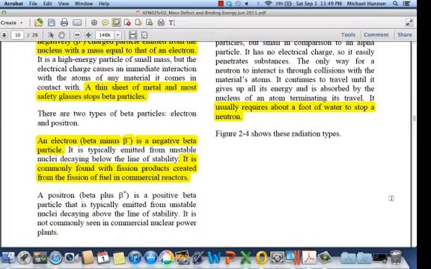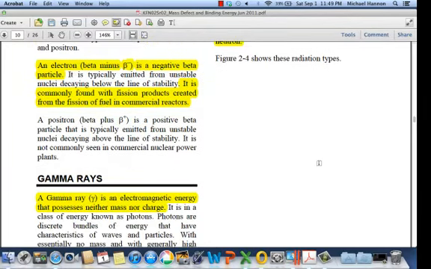If you were in contact or close contact with any fission process creating neutrons, it can leave you very well scarred and or with radiation sickness. But as you recall, in the nuclear power plant, we always keep the fuel underwater. The reason for keeping it underwater is specifically to stop the neutrons and maintain the water as a moderator.